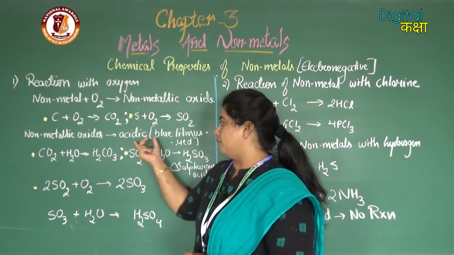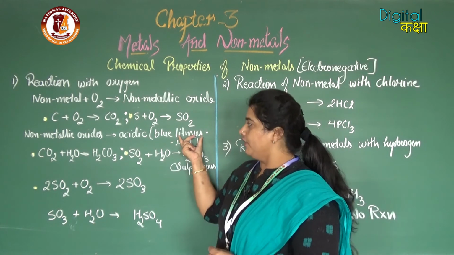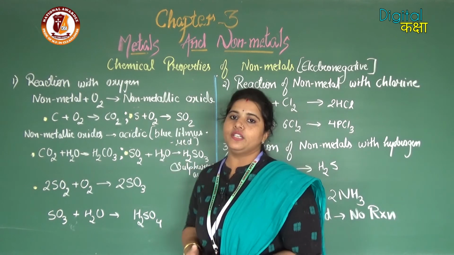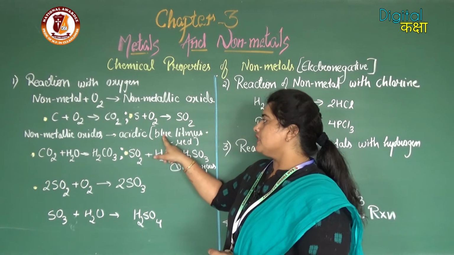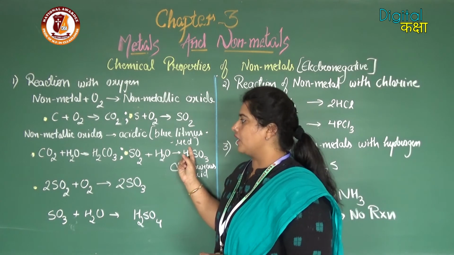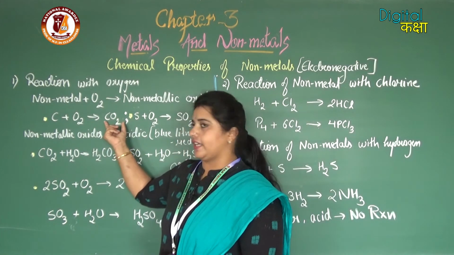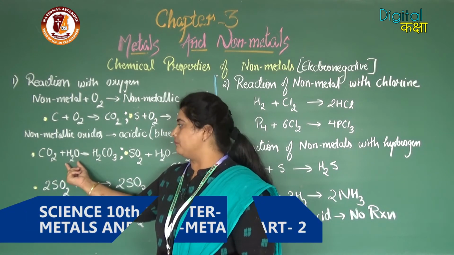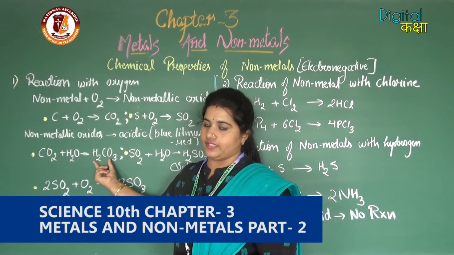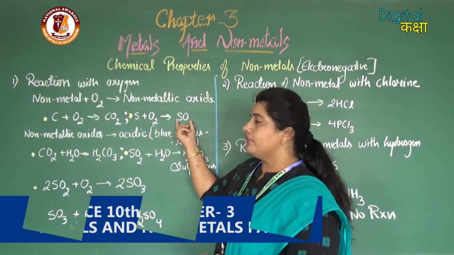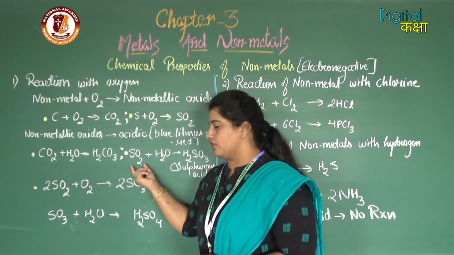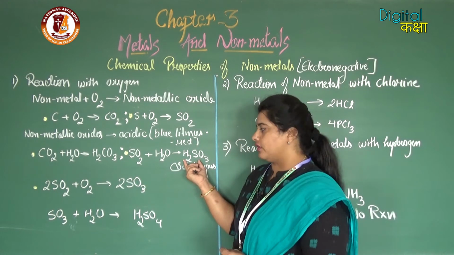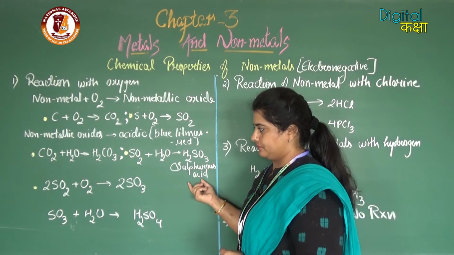How to check? By using litmus. If we take blue litmus and dip a non-metallic oxide to the litmus, the blue litmus will convert to red. When carbon dioxide, a non-metallic oxide, combines with water, it forms carbonic acid. Similarly, sulfur dioxide combines with water to form H2SO3, sulfurous acid.